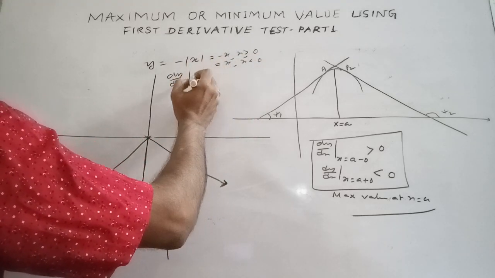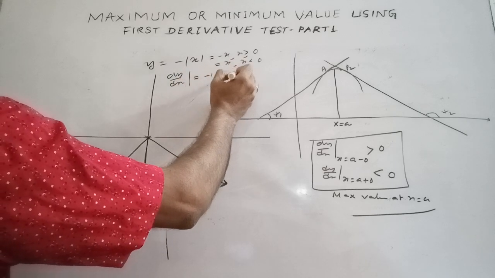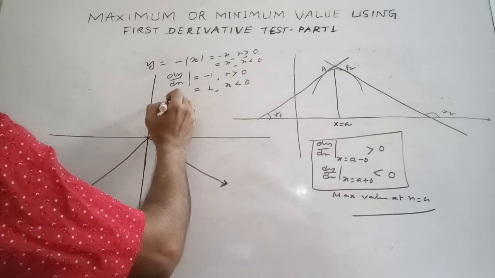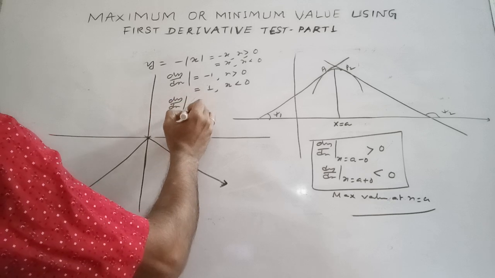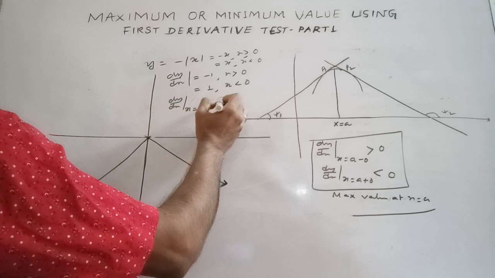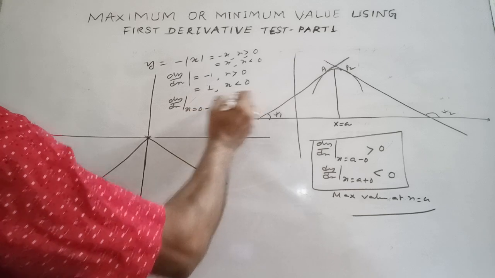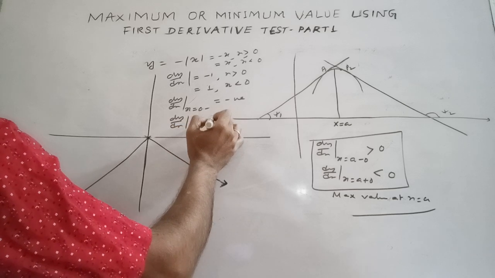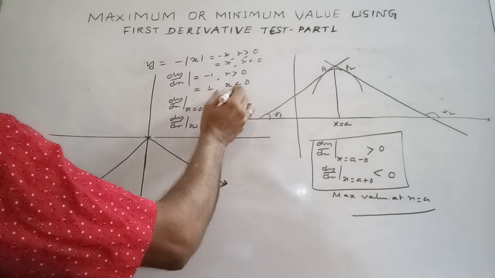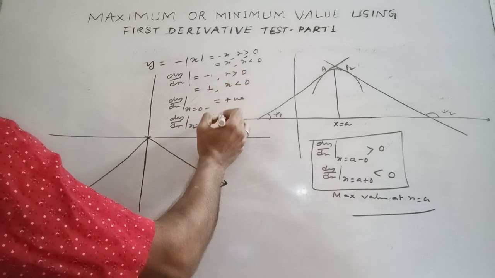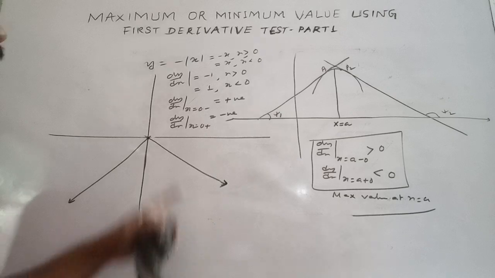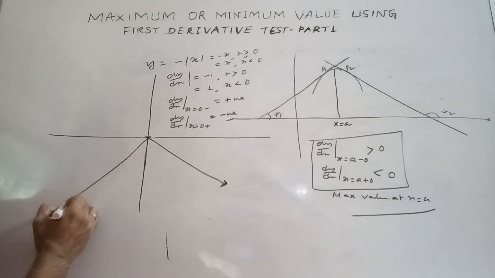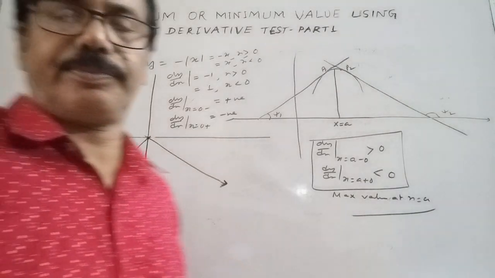So dy by dx equals minus 1 for x greater than 0, and plus 1 for x less than 0. At 0 minus it is positive, and at 0 plus it is negative. Just opposite of minimum value. So by first derivative test, you can say that it has minimum value.